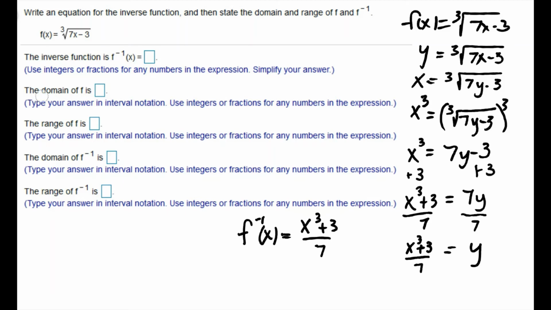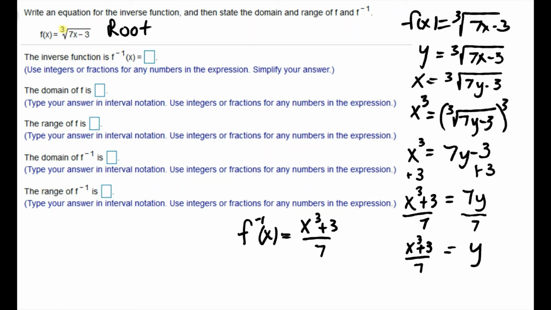The next part says the domain of f is, so looking at the original function, I want to put this function in a category. The categories you should be thinking about are polynomial, rational, and root. Because this one has a radical, this is a root function. And once you decide that it's a root function, you want to pay attention to the index on that radical, because you find the domain differently based on whether that index is even or odd.